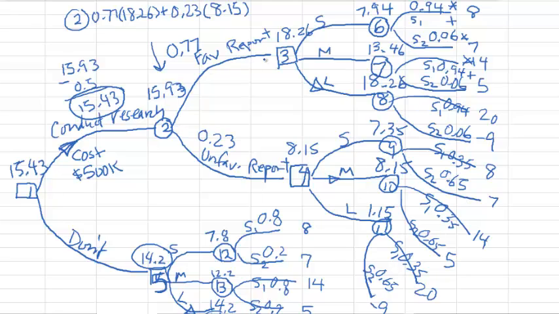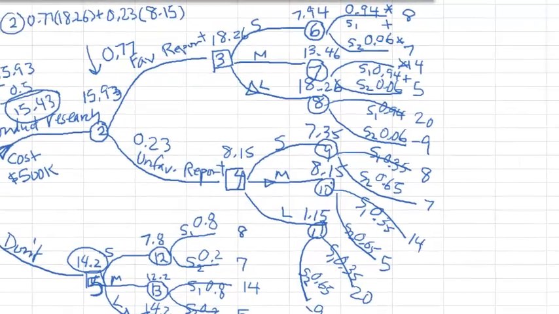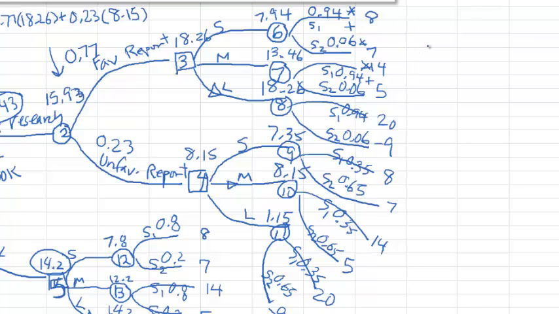If the report is favorable, then we build a large condominium complex. If the report is unfavorable, then build a medium condominium complex. So that would be the optimal decision strategy. So let's write that down. So we should conduct research.